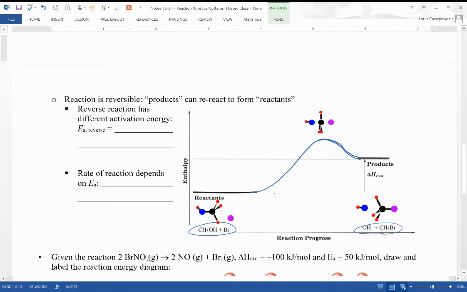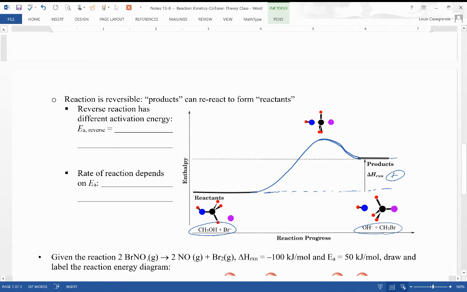The delta H of the reaction, here's the delta H. Now the delta H of the reaction is positive rather than negative, so this is an endothermic reaction. And the activation energy has changed as well. The activation energy isn't from the highest product or reactant, it's always from the reactants.